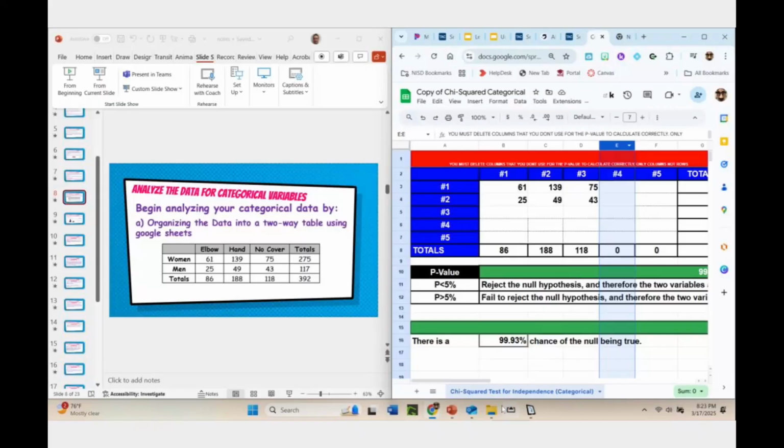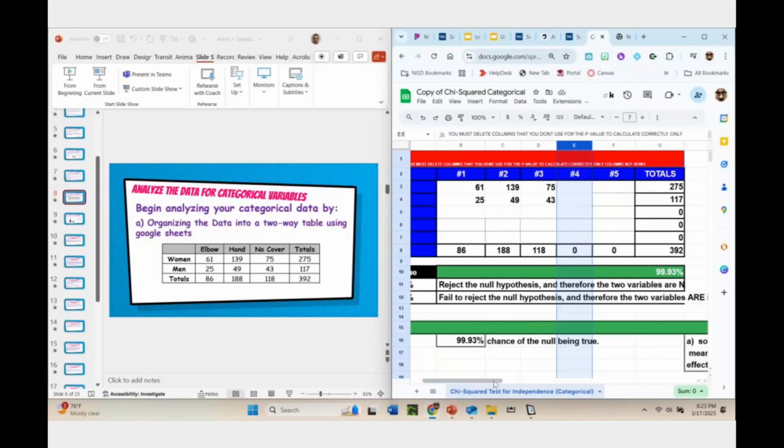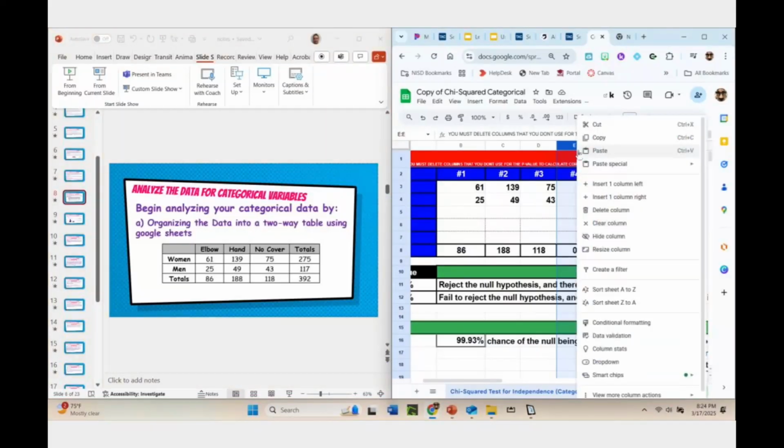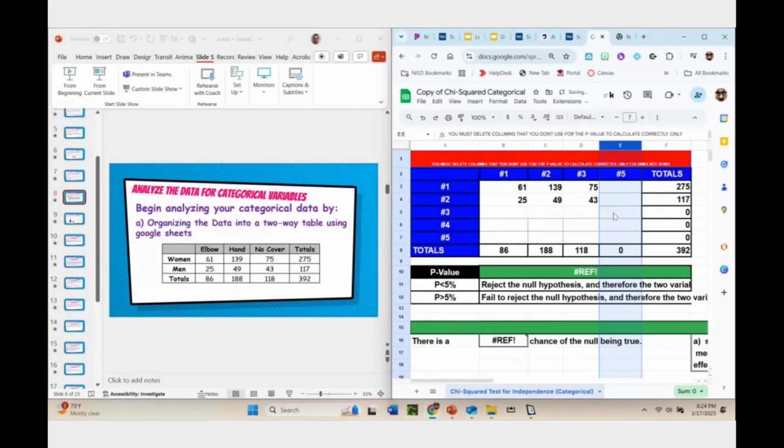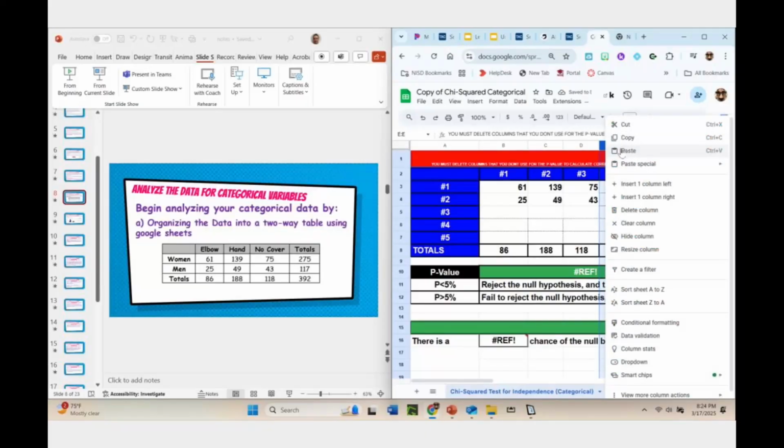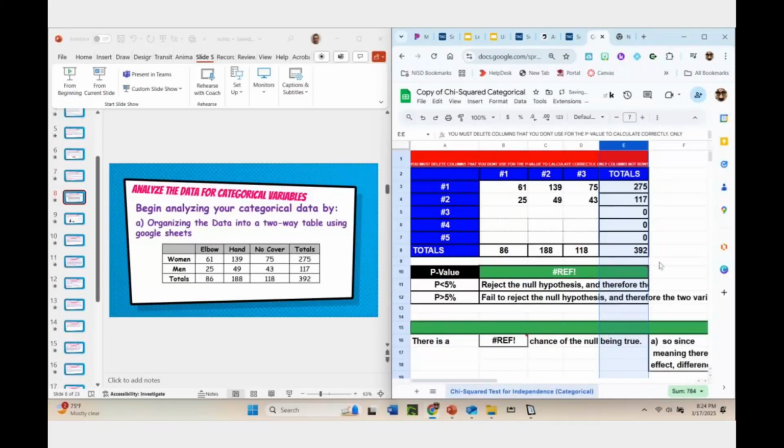My totals are calculating. I'll scroll over so y'all can see this. See how this is 275, that's 275, 117, 3. I don't have that other stuff yet, but I'm going to go ahead and delete by right-clicking and deleting any unused rows and columns. And if you mess up, you can always go back through and click on that again.